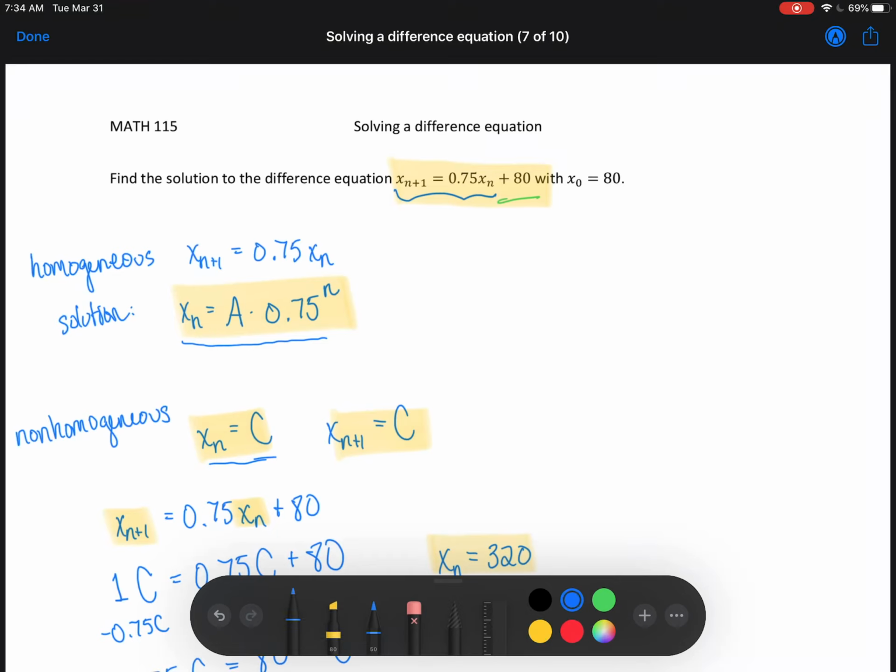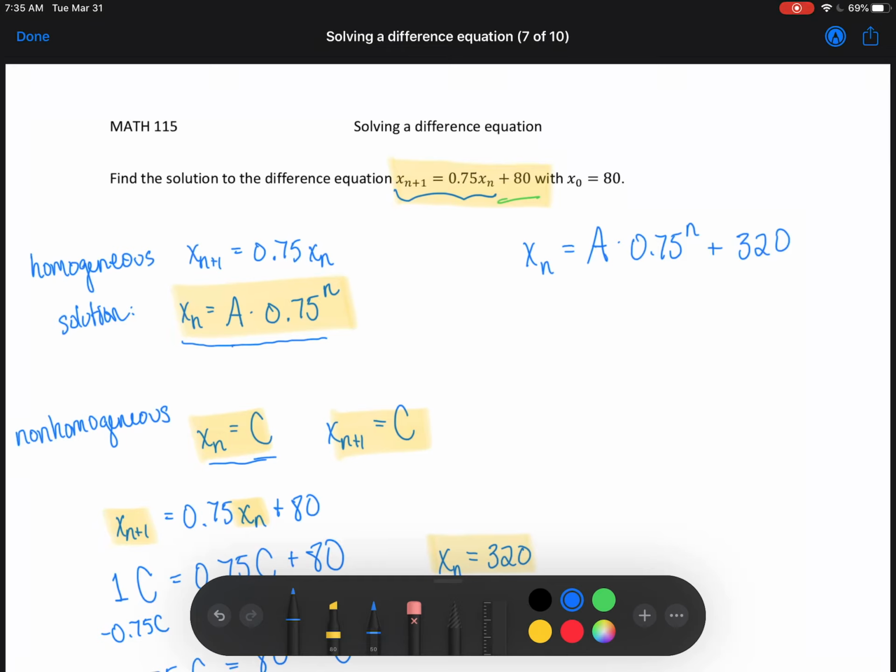Now for our final solution, we're going to add those two pieces together. So we start with the homogeneous part of the solution, and then add on the non-homogeneous part of the solution. All right, so now we have x sub n equals capital A times 0.75 to the power n plus 320.